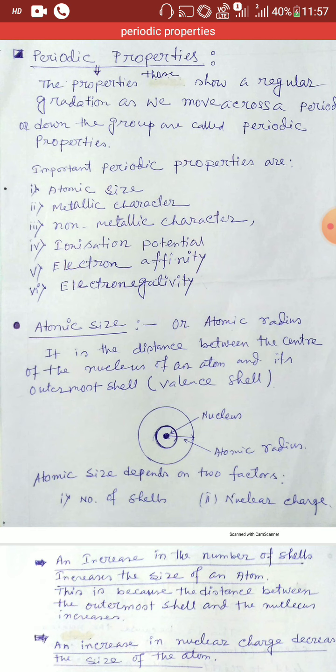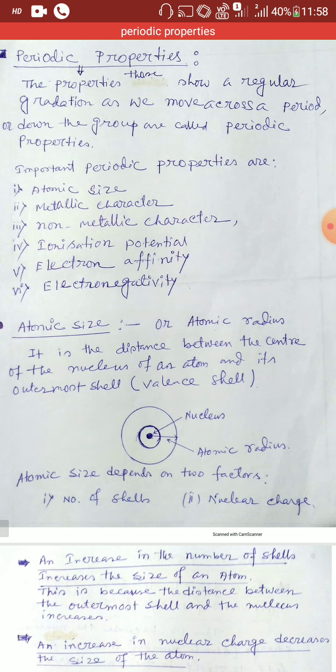So what are these periodic properties? The periodic properties are those properties which show a regular gradation or variation as we move across a period or down the group.